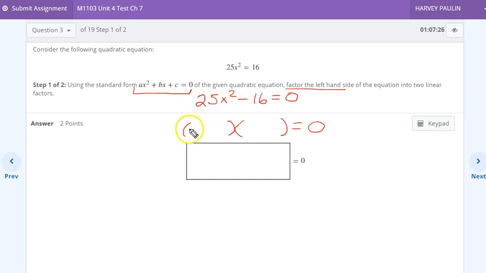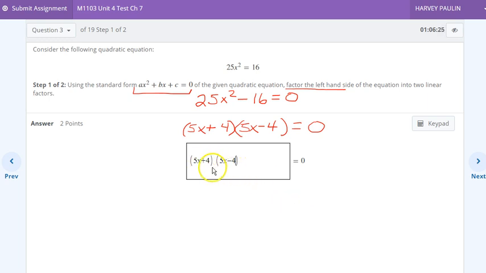So the square root of this is 5x, and the square root of 16 is 4. And we said one will be plus and one will be minus. And that's what they're looking for.